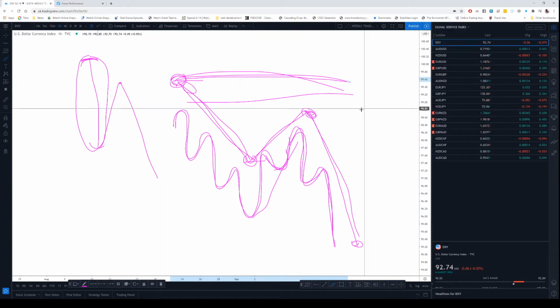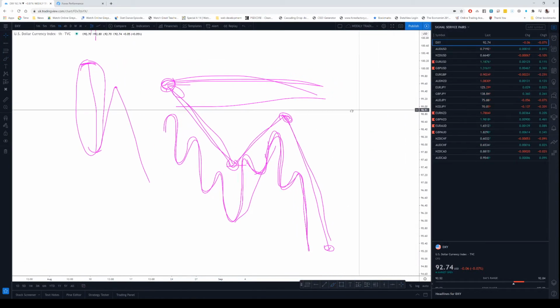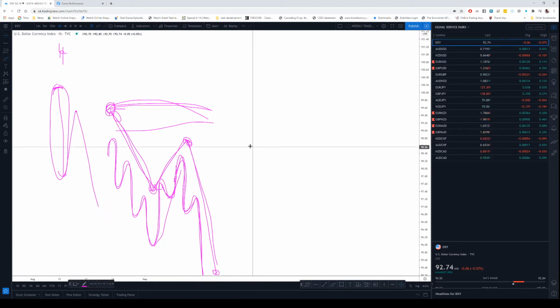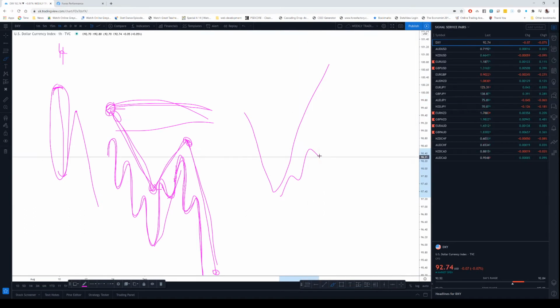Then you can now have a new structure like this. So the 4-hour will now be something like that, because inside the 4-hour, the 1-hour time frame trend has done something like this, breaking the 4-hour time frame structure. I hope that makes sense.